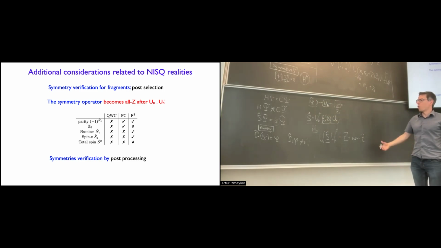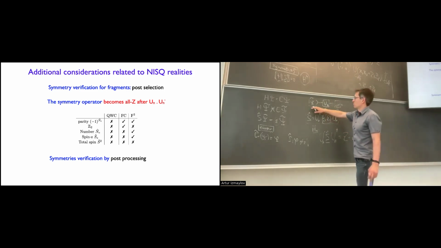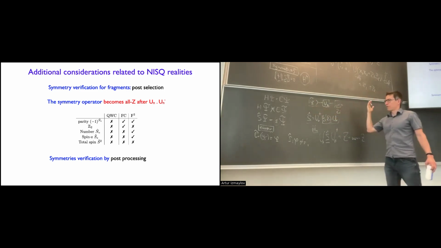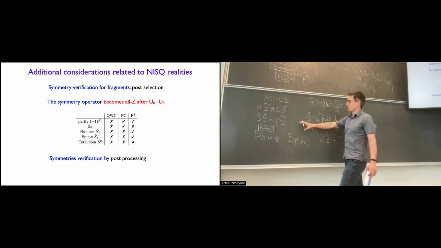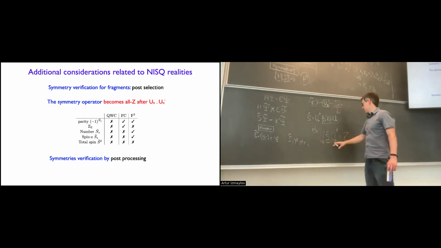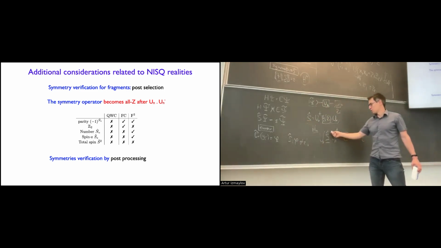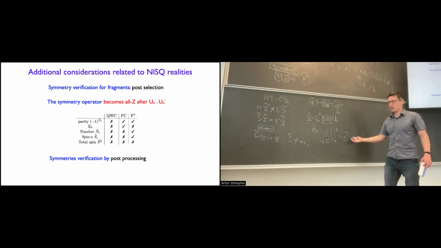So you won't know. This state may be a perfect state with the right symmetry, but you just cannot say anything about the symmetry operator because you cannot measure it.